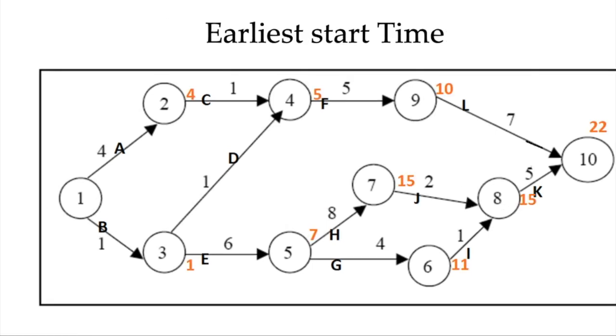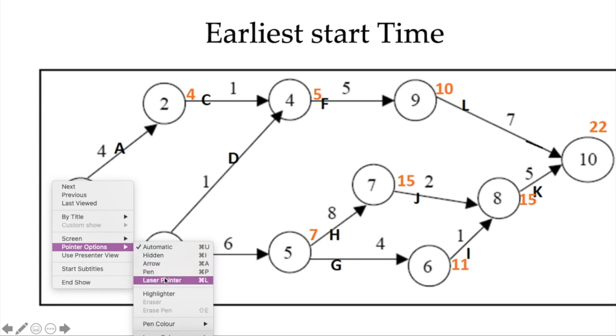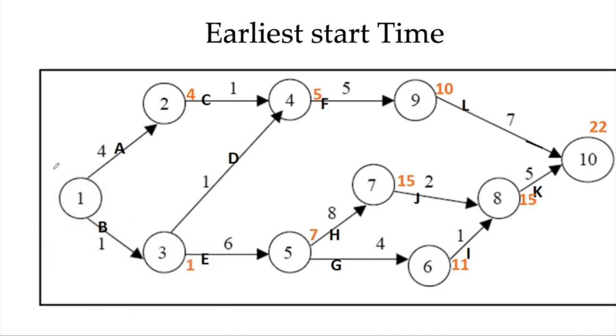Now, to compute the earliest start time, or E, E at this start event is obviously 0, because this is when the project will start, and this activity will finish at 0 plus 4. So the next activity, that is C, can start at 4.